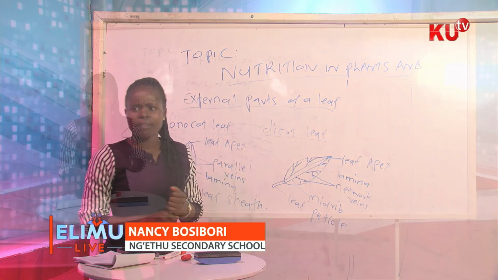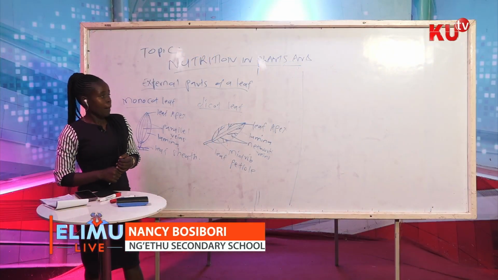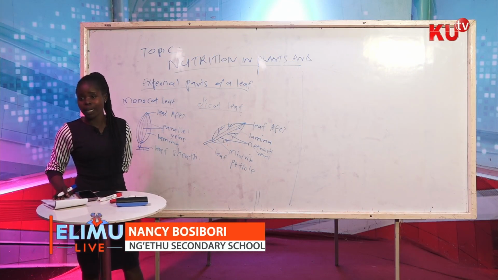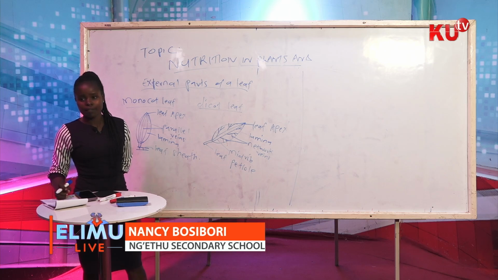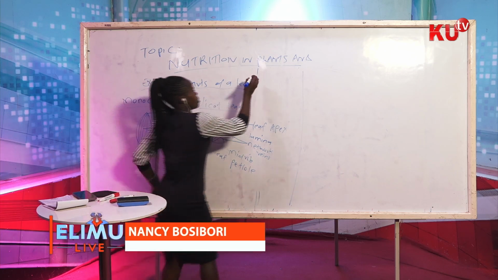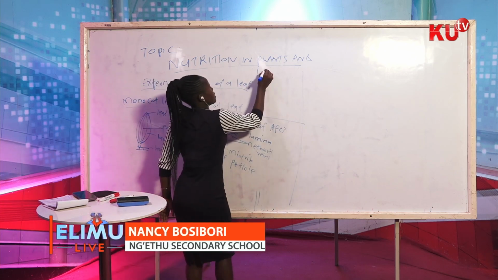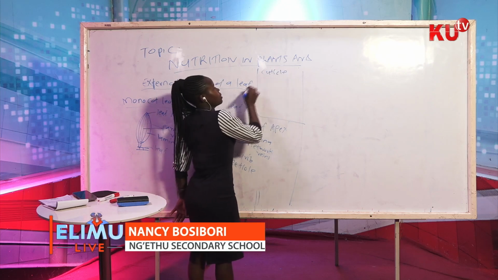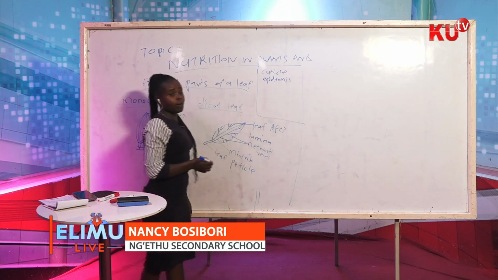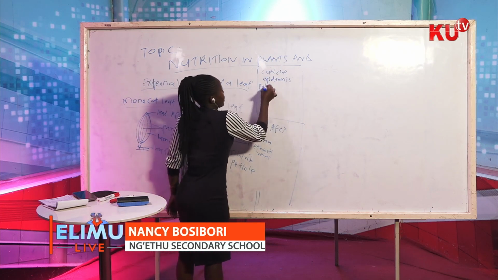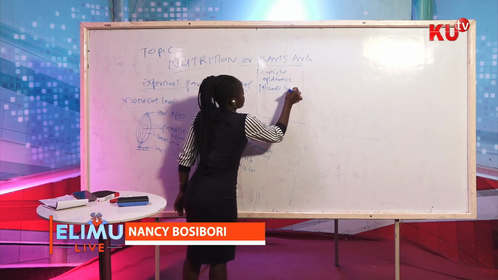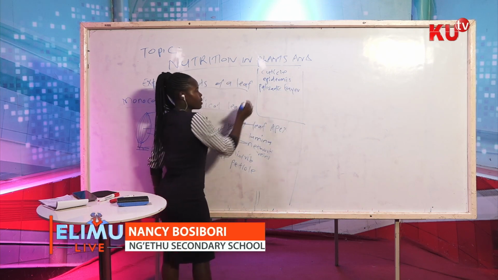For the internal structure of a leaf, I will not be able to draw it, but you will go back to your books and see the internal structure of a leaf. It has the cuticle. It has the epidermis, that is the upper and the lower epidermis. We have the palisade layer.